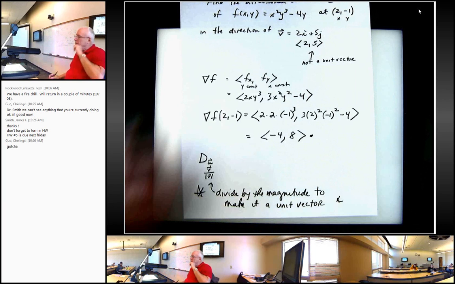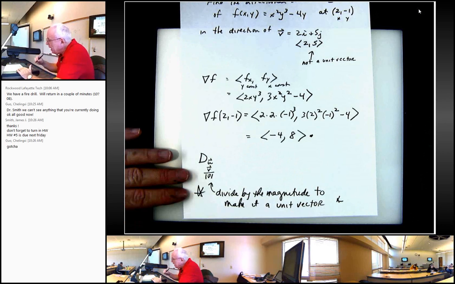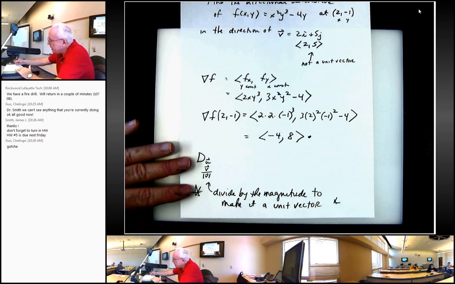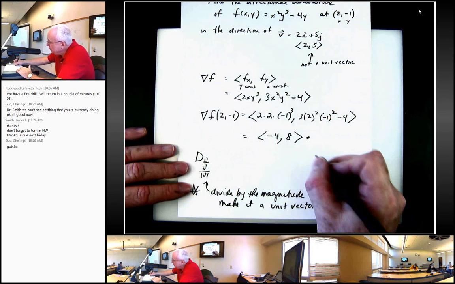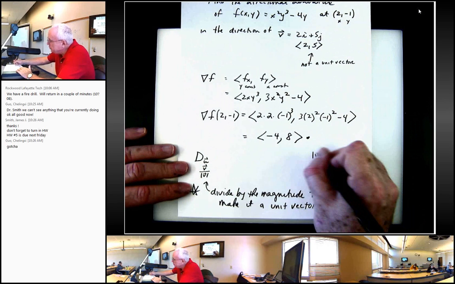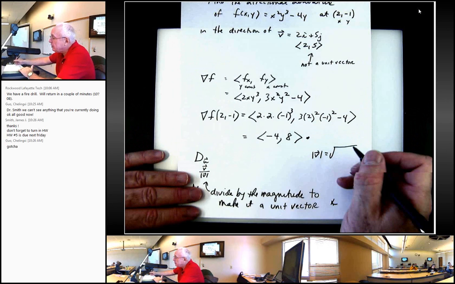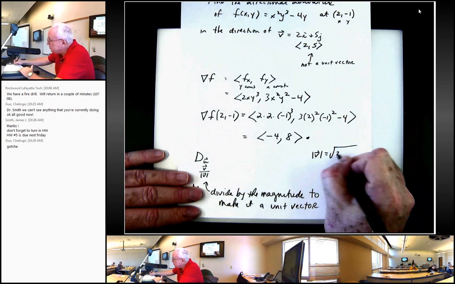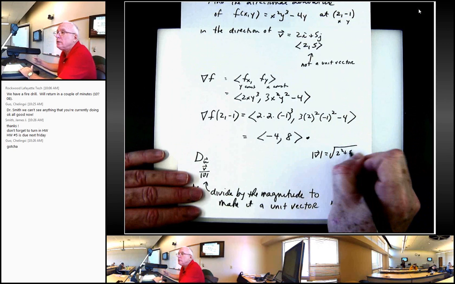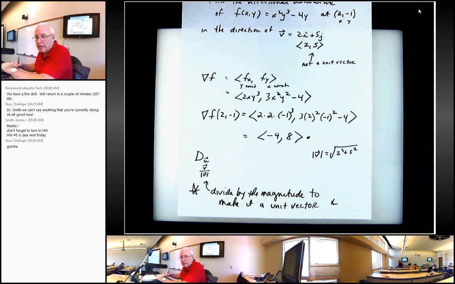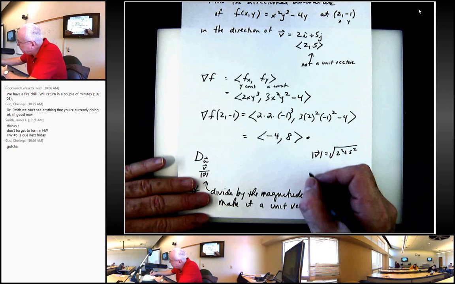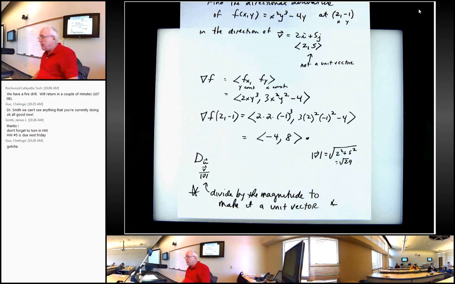All right. So actually, let's figure out what is the magnitude of this vector here. The magnitude of v vector is what? It's the square root of the squares, right? So it's the square root of 2 squared plus 5 squared. So that's the square root of 29. Okay.